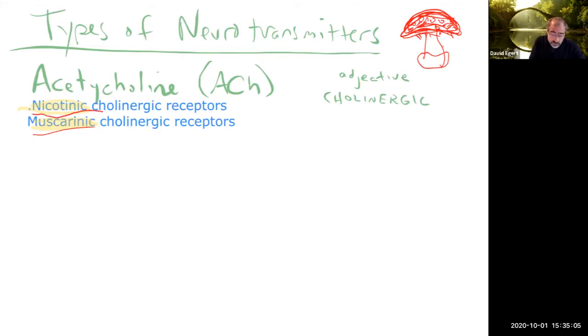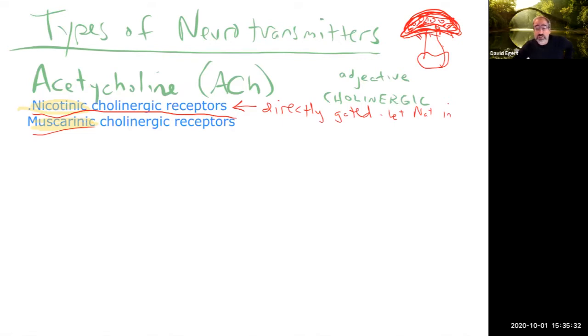Nicotinic cholinergic receptors are directly gated. These open up cation channels. These basically let sodium in. So we talked about directly gated versus indirectly gated channels before.